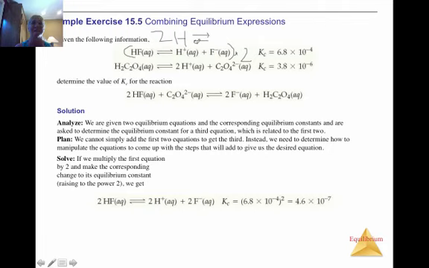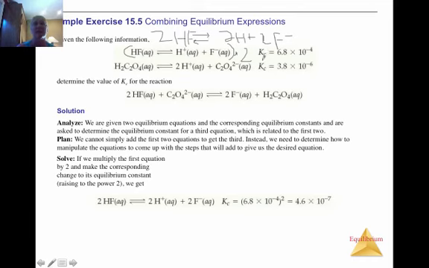Getting a little better at this. 2 hydrogens, and 2 fluorides. I feel like I'm in first grade again. Okay, so also, and I forgot an F right there. There we go.